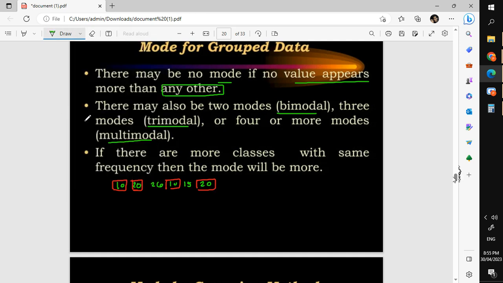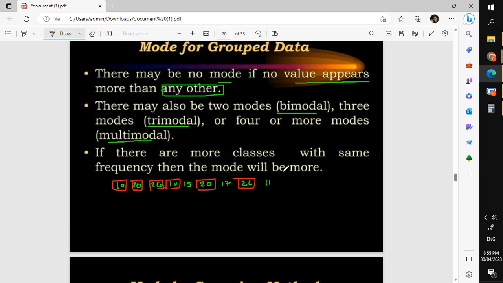Then if mag-add kog data diri, suppose na ako 17, 26, onya, 11. So naa tay again another frequent nga number which is 26 lang gihapon, no? Si 10 kaduha mo exist, si 20 kaduha mo exist, so 26 kaduha mo exist. They have the same frequency. So hence we have a trimodal.